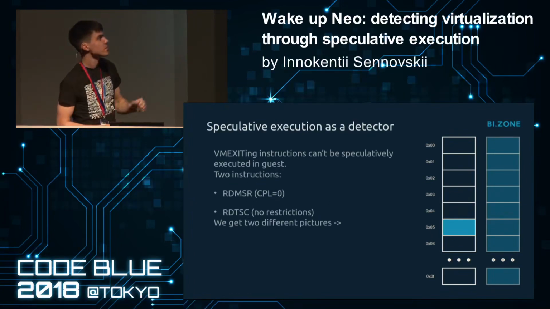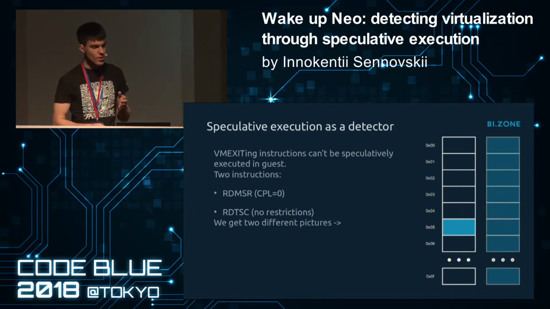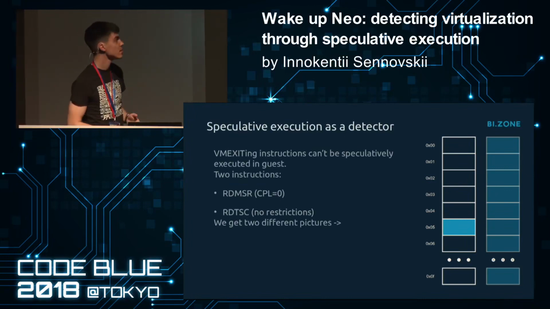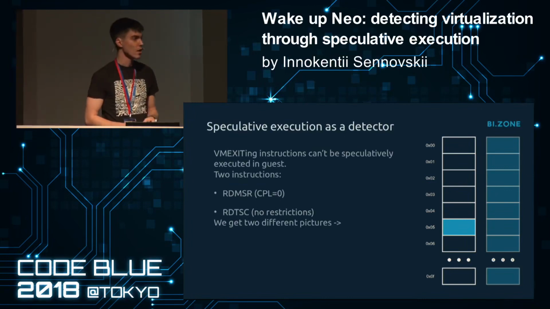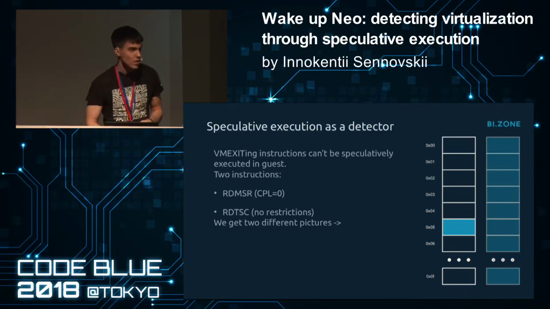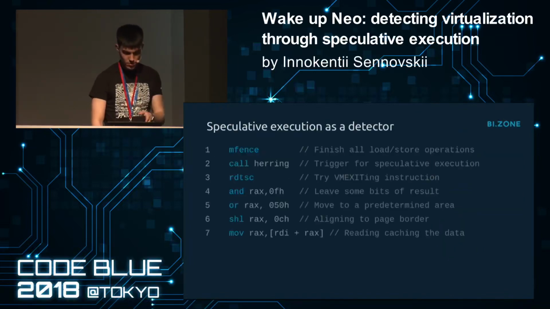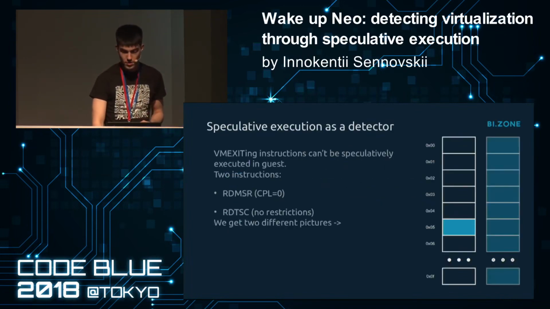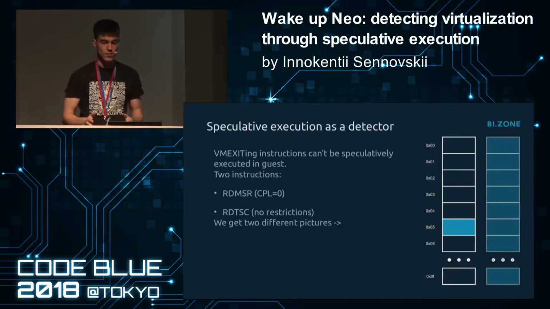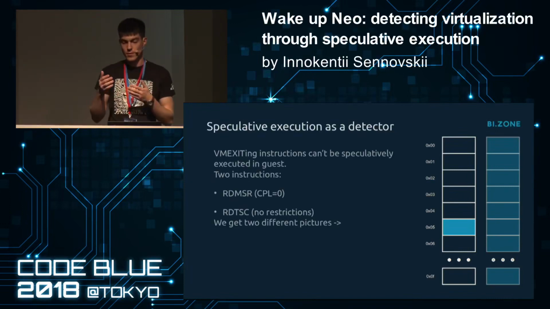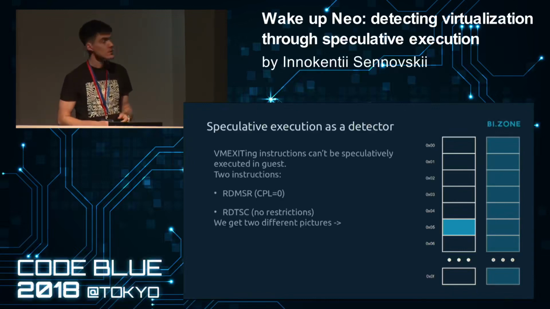The one on the left is when RDTSC is executed speculatively. We commit to a certain region, basically the fifth region which was predetermined, and then we know that we are executed speculatively. And the one on the right is the case with the virtual machine.